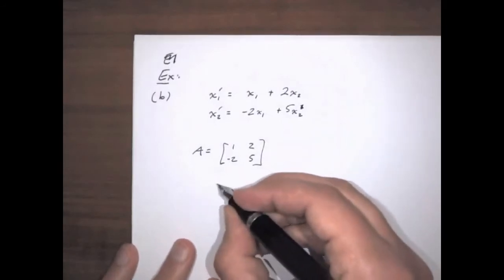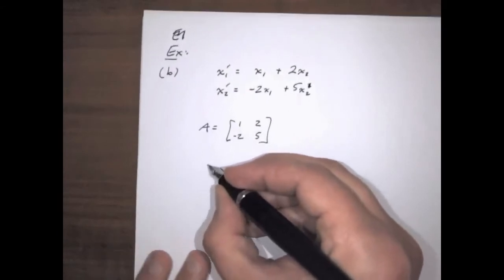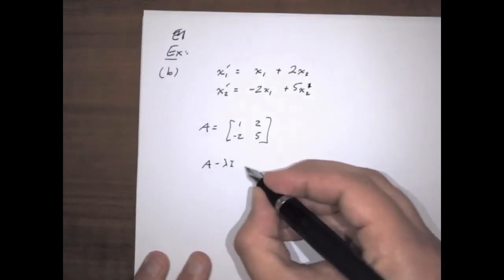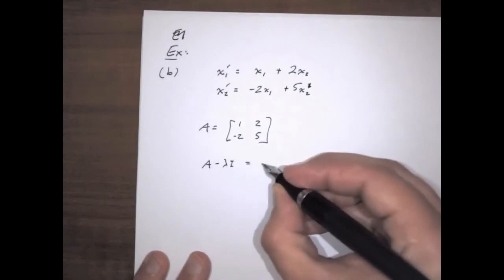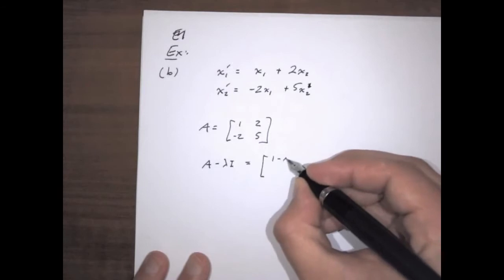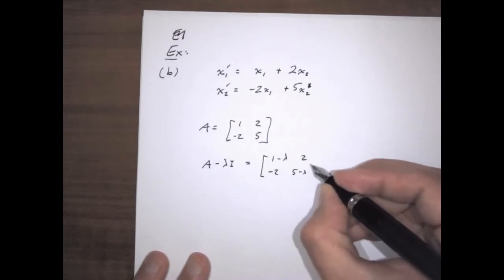All right, so this is the matrix of the coefficients that we'd get, and when it comes to finding the eigenvalues, we are interested in A minus lambda I, so that's going to be 1 minus lambda, 2, negative 2, 5 minus lambda.